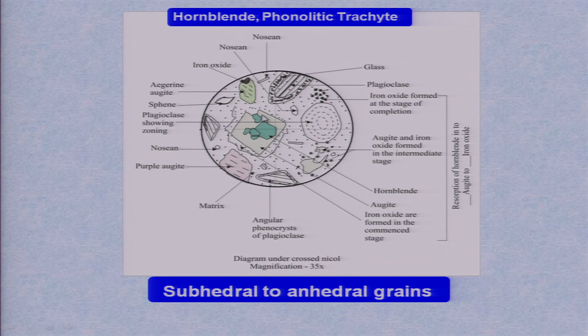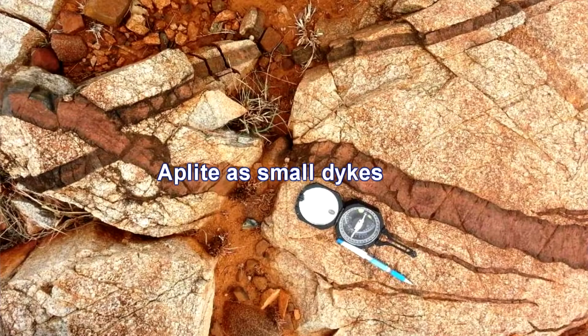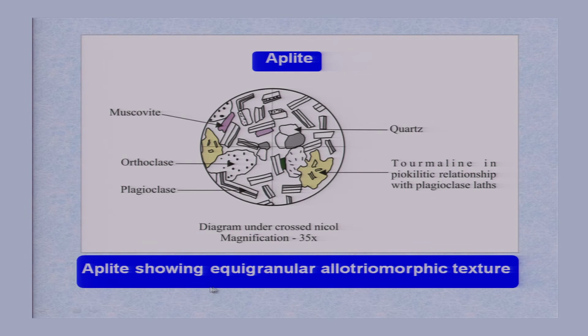I have been repeating allotriomorphic texture several times, and I am citing an example of aplite. Aplite is a hypabyssal rock. It is mostly found in the form of dikes. Here aplite shows equigranular texture, equigranular allotriomorphic texture.